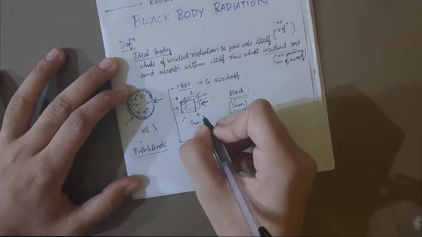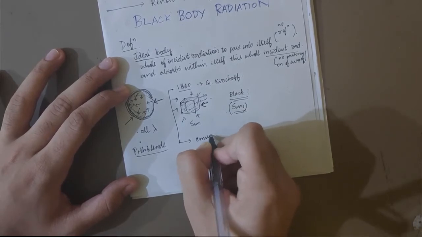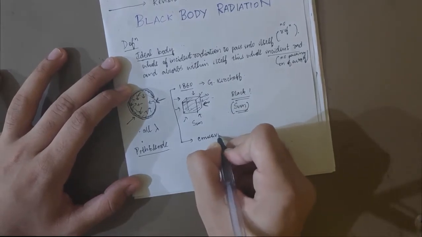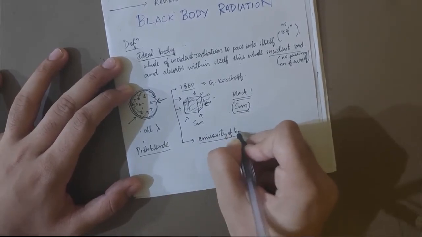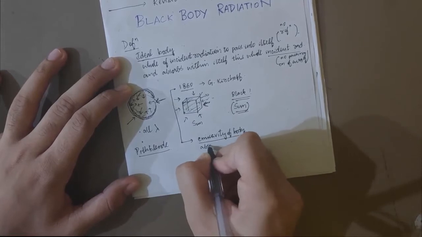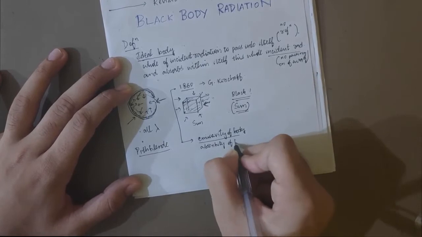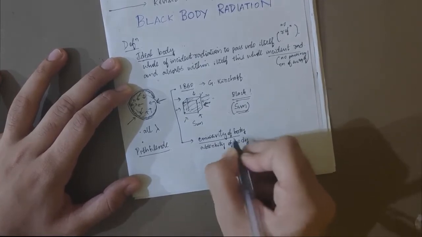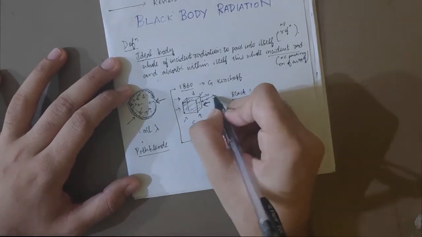So in the 1860s, 1859, Kirchhoff also showed that the emitted radiations from a black body, something called the emissivity of a body, to its absorptivity, that is the amount of light absorbed by a body.